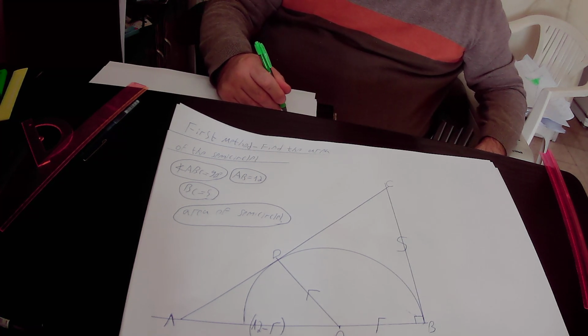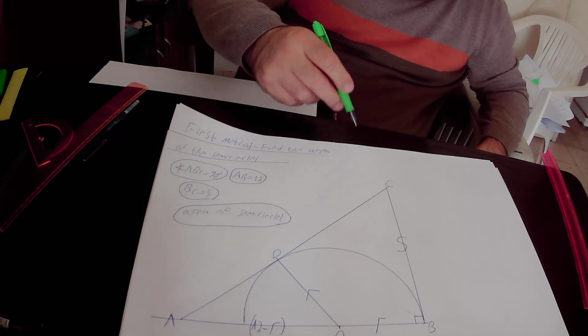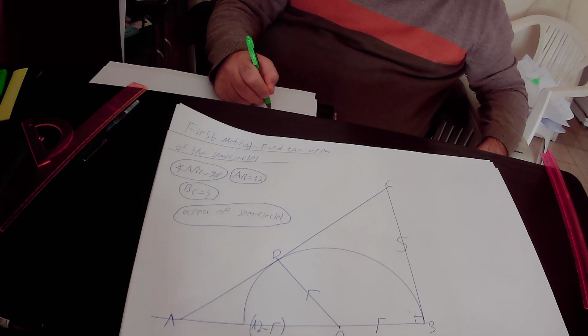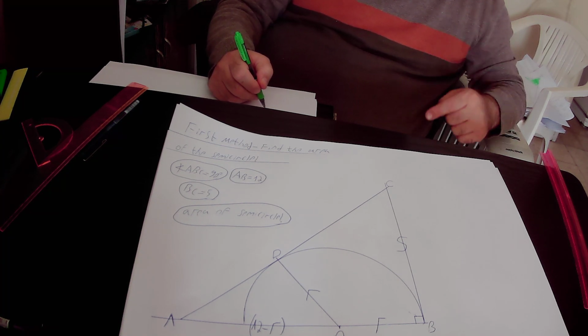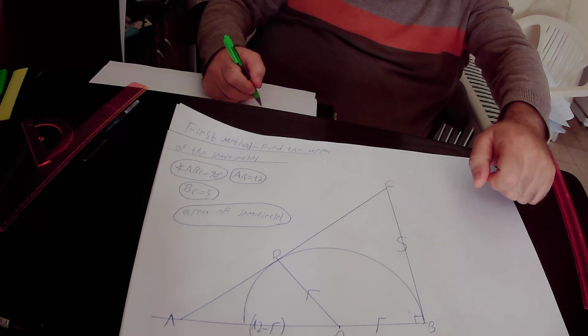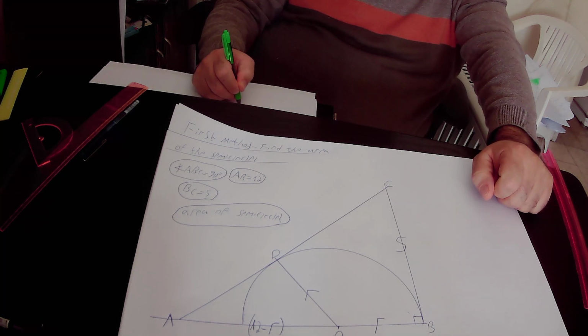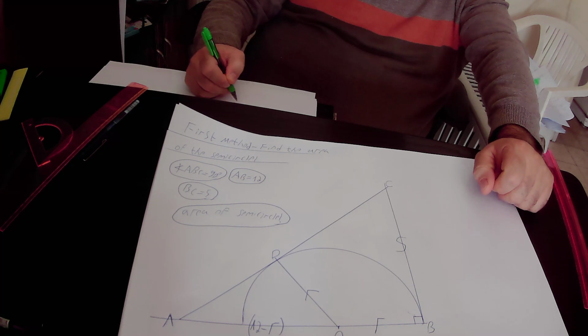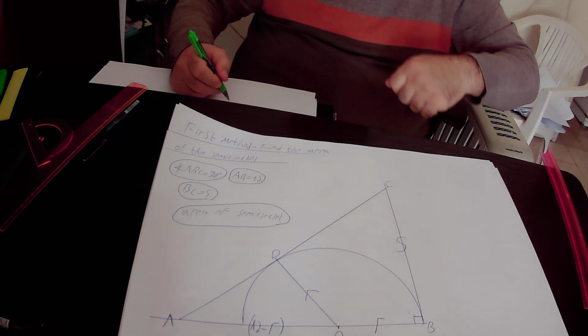So the square of the hypotenuse is AC squared, and it equals the sum of the squares of the perpendiculars. That is to say, it equals BC squared plus AB squared.